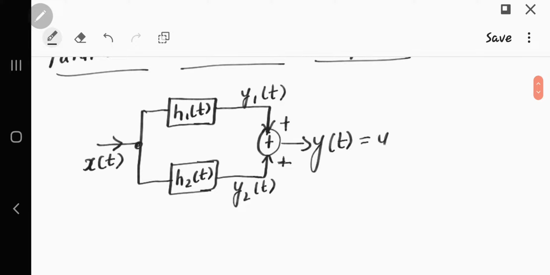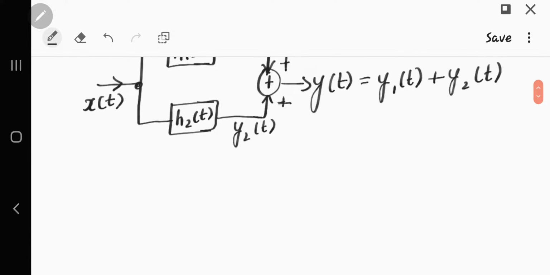Therefore y of t will be y1 of t plus y2 of t. So this is a system with impulse responses h1 of t and h2 of t connected in parallel.